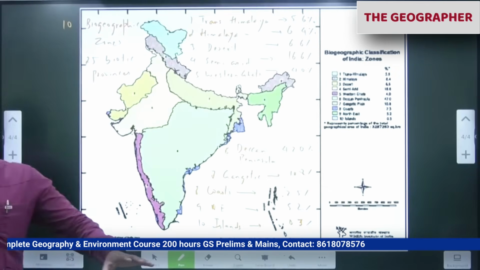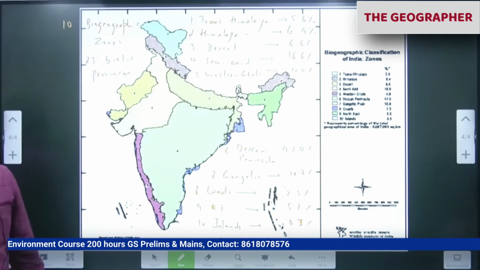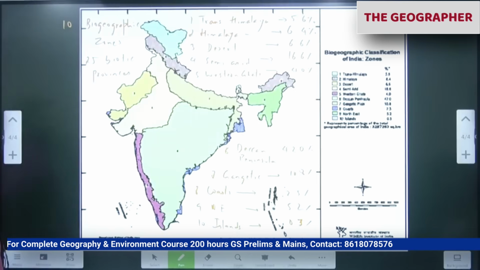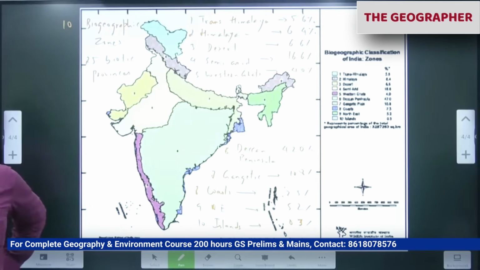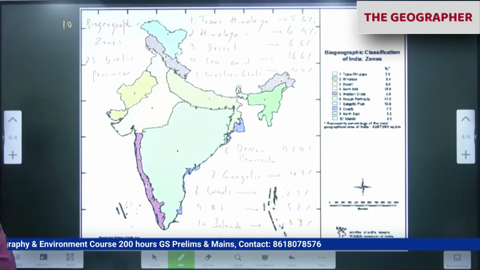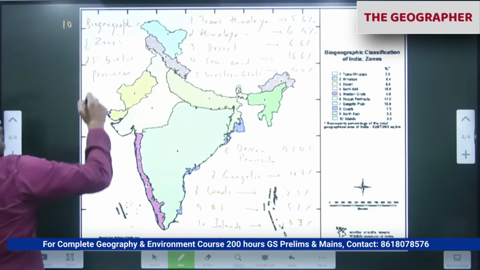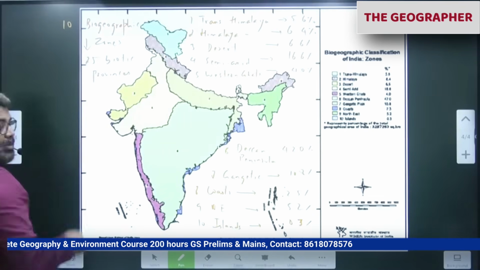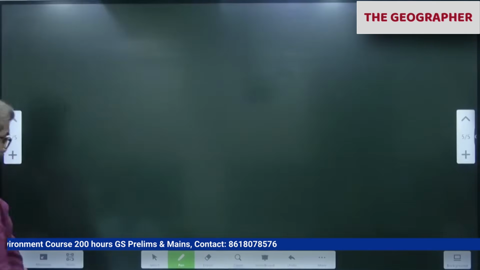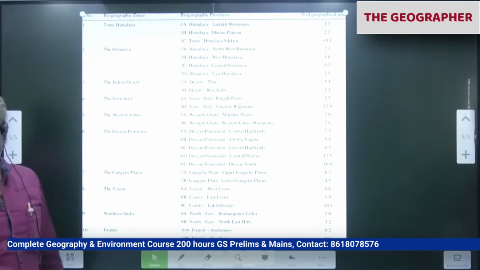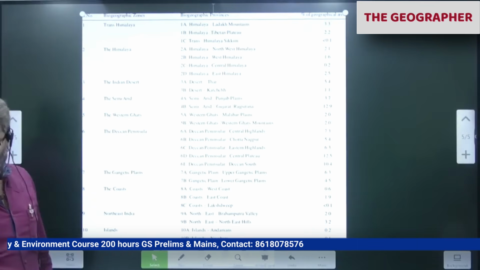How many? 25. So they'll ask, how many biotic provinces do we have? 25. 10 biogeographic provinces, within that 25 biotic provinces. Biotic provinces, that I'm going to show in the next page.